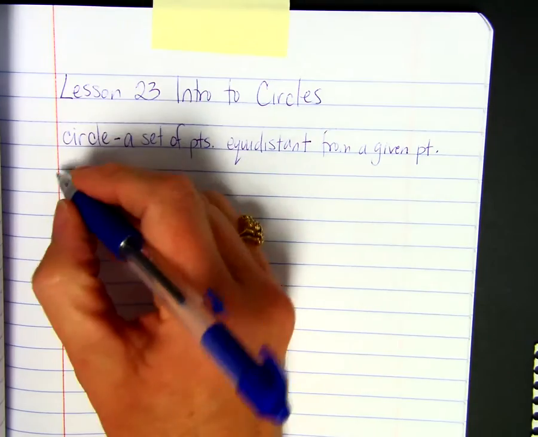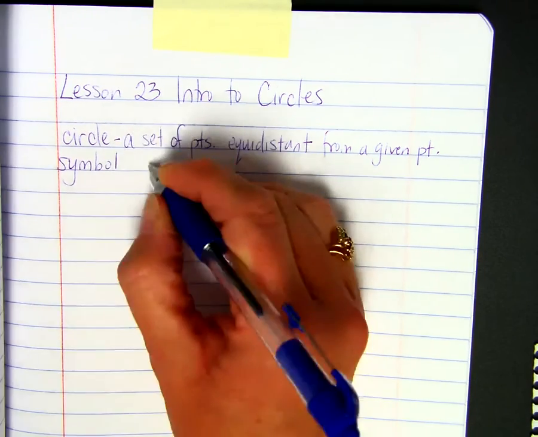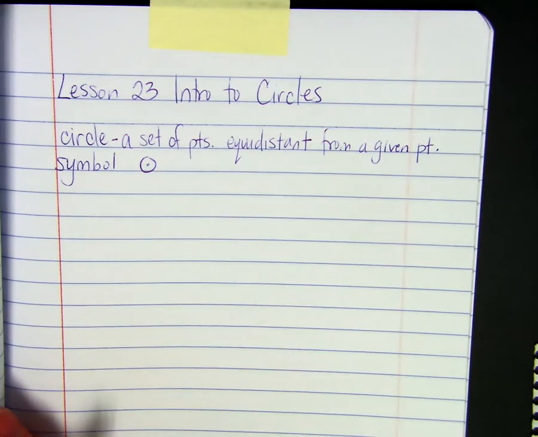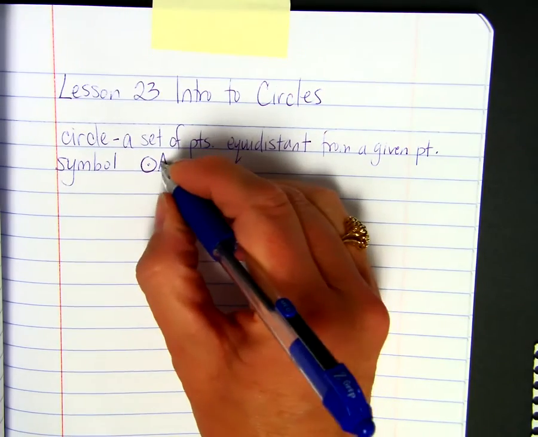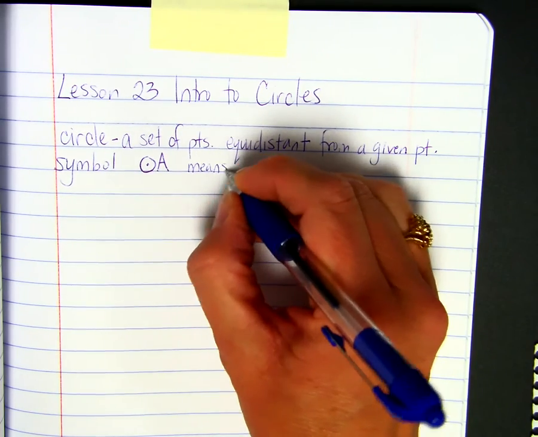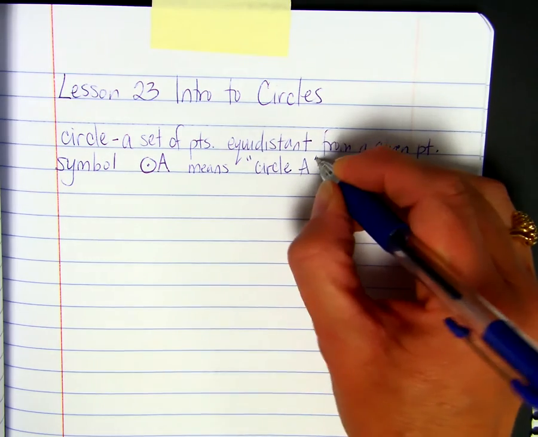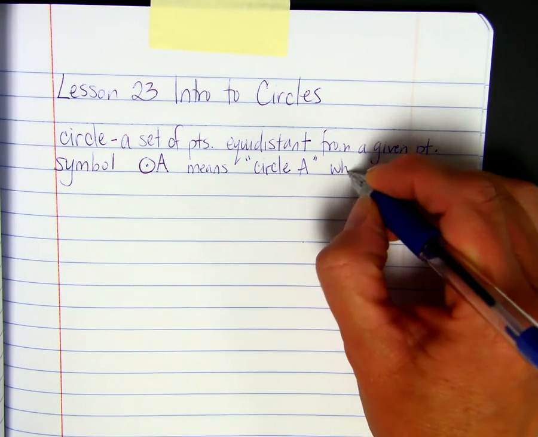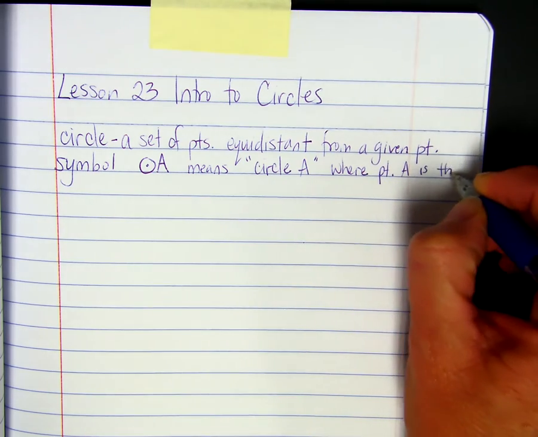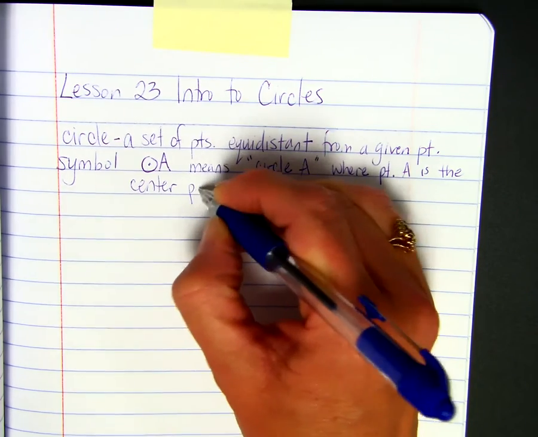So if we want to write a circle, we use a symbol, a circle with a dot right in the middle. So if we were to call it, say, circle A, you would say circle A, where point A is the center, or the center point.